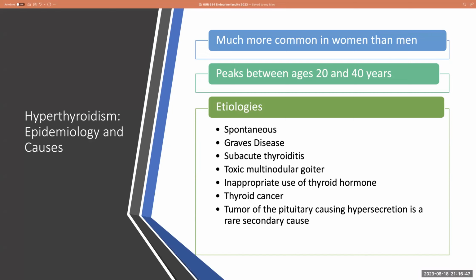Well, if you have a lot of thyroid hormone being produced, then because of that negative feedback system, your TSH will be low in most hyperthyroidism. The TSH will be low and the free T4 is going to be elevated because the thyroid is diseased. It's not responding to the low TSH and slowing down its production of thyroid hormone.